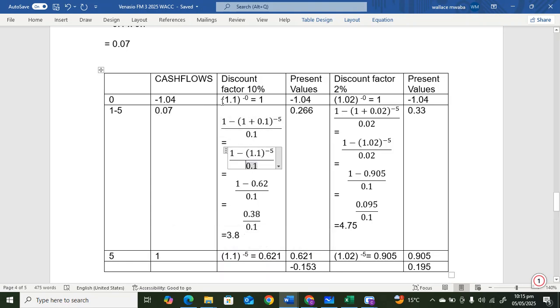So for year zero, just remember this formula: present value equals future value times (1 plus r) to the power negative t.